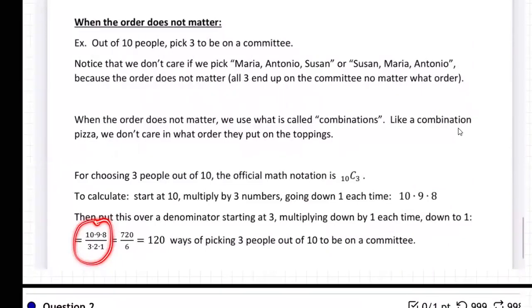So when the order does not matter, you start with the number on the top, 10, write 3 numbers, going down 1 each time, 10, 9, 8. Then put this over a denominator starting at 3, if you had 3 people, multiplying down by 1 each time. You get this new denominator piece because there's less ways to do it when the order doesn't matter.